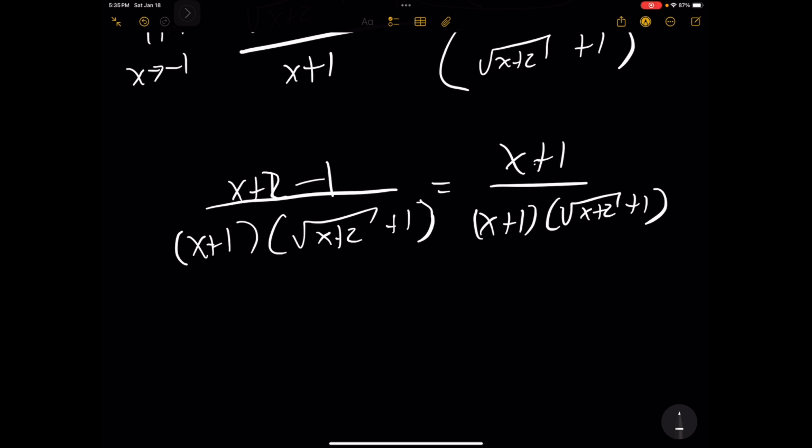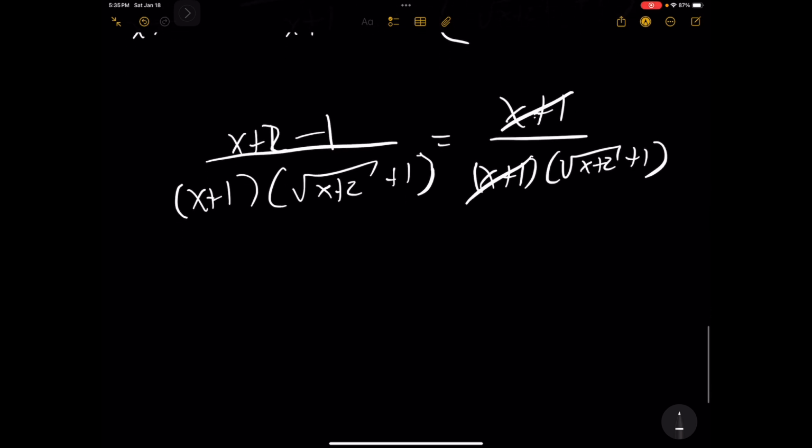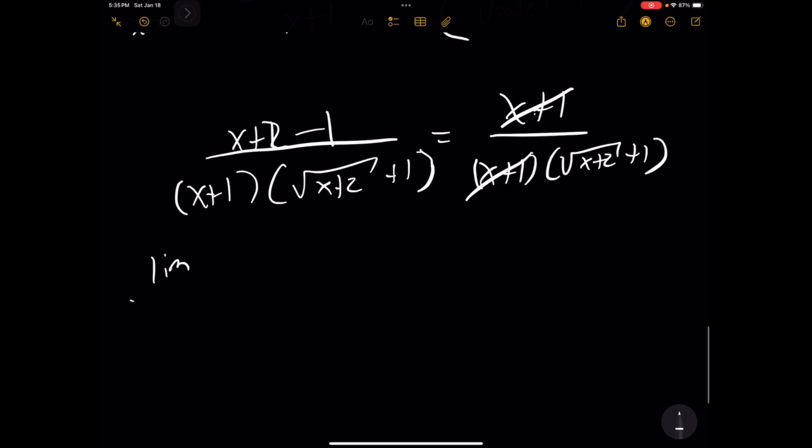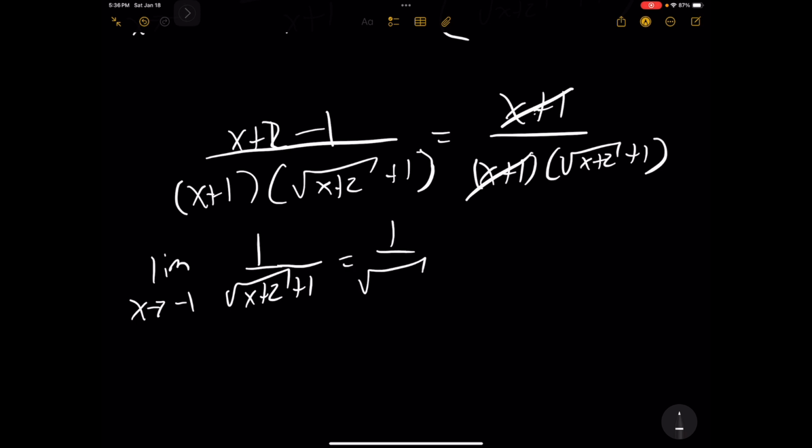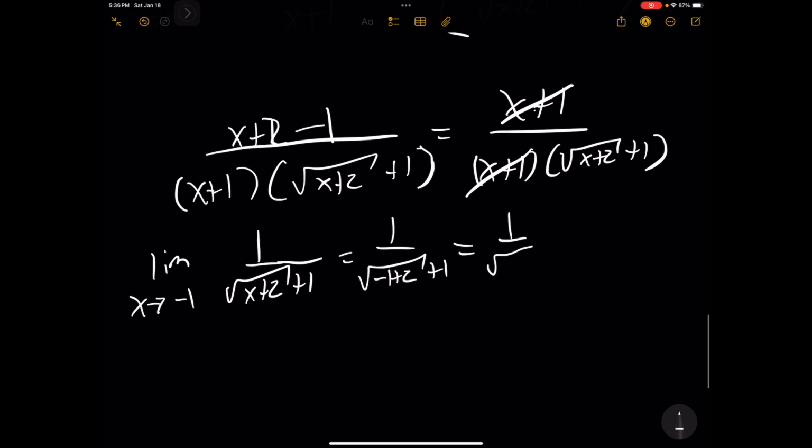Which means we can cancel the x plus 1 over x plus 1, and we're left with the limit as x approaches negative 1 of 1 over root x plus 2 plus 1. And now we can just plug directly in. When I plug in negative 1, I get 1 over root negative 1 plus 2 plus 1, which is 1 over root 1 plus 1, which is 1/2.